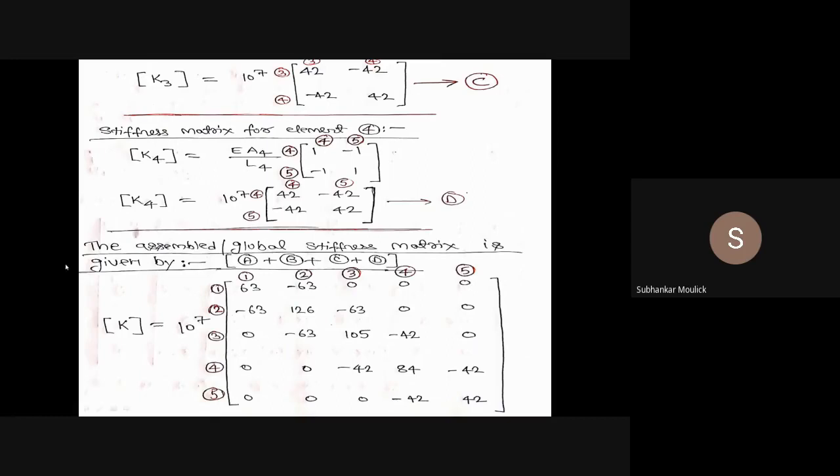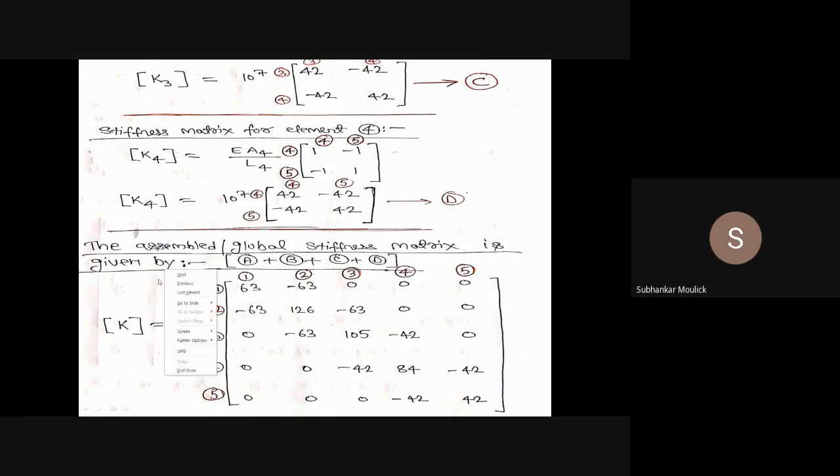The first, second, third, fourth and fifth rows, as well as the first, second, third, fourth and fifth columns, represent the corresponding node points. That means the first row represents node 1, the second row represents node 2, and in a similar way the third column represents node 3 and the fourth column represents node 4. So how do we get this global stiffness matrix?